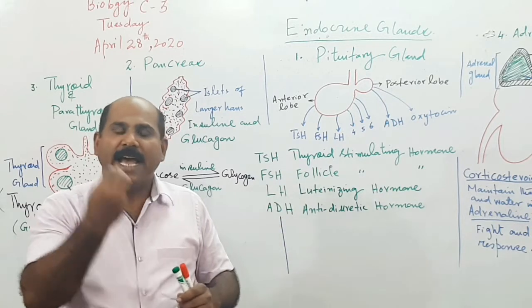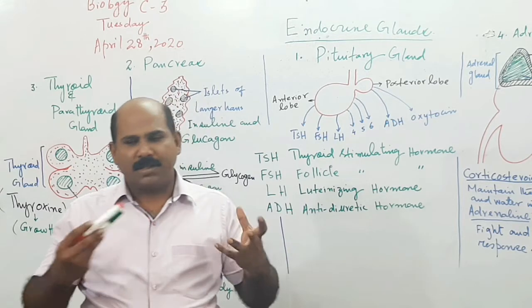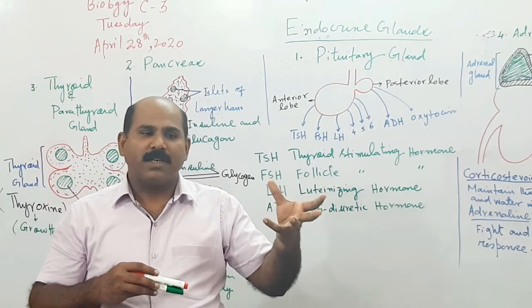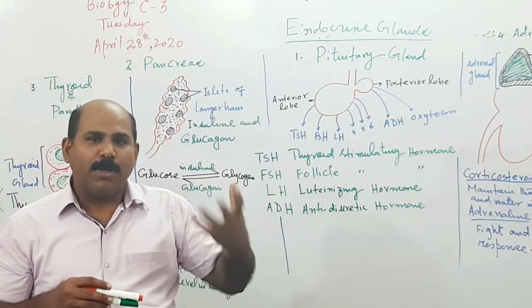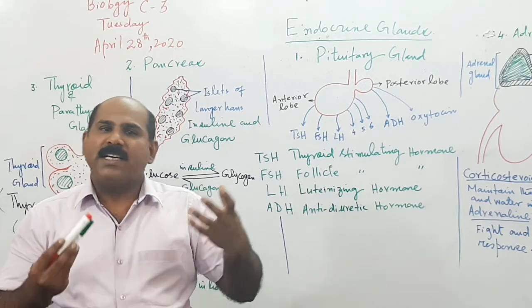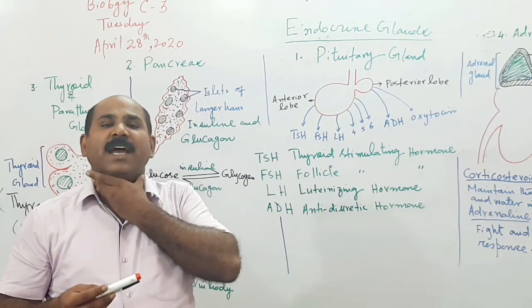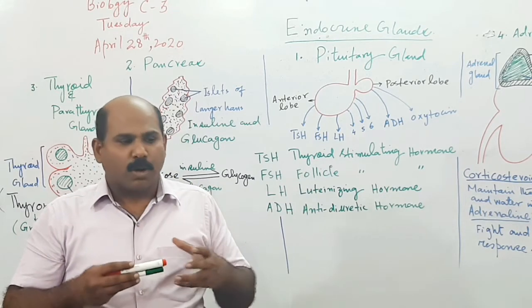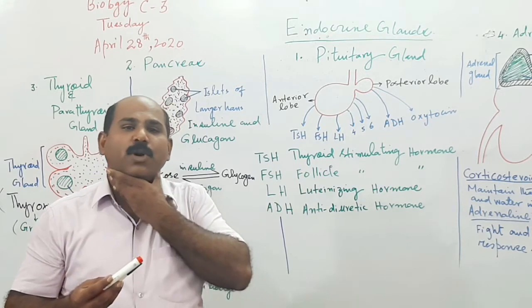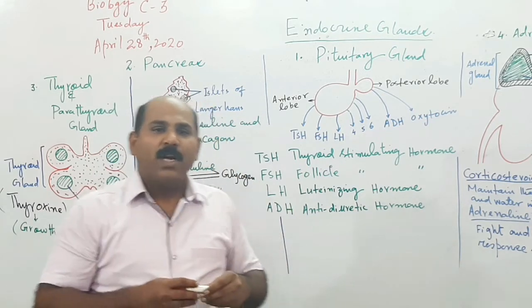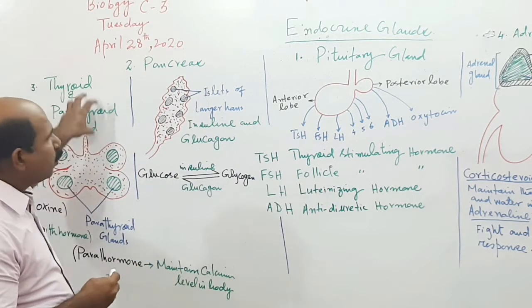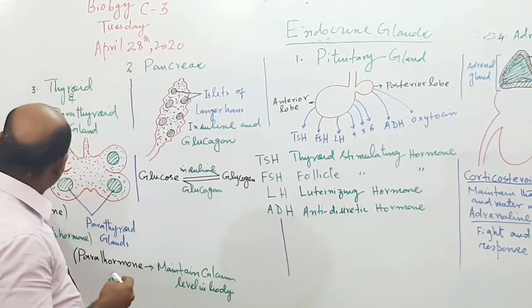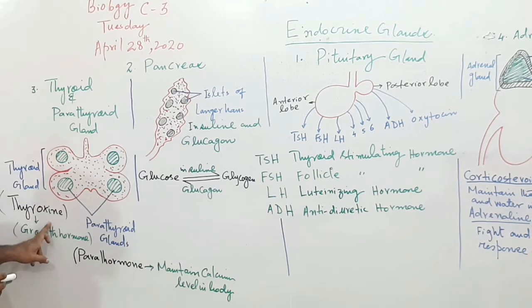If there is a lack of iodine in our diet, then thyroxine will not be produced, and as a result there will be overwork of the thyroid gland, and as a result there will be swelling in this region, and we call it a disease known as goiter. There are many questions related to goiter. So a little bit about the thyroid gland should be well known to all of you: what is the function of the thyroid gland, where it is located, and what different hormones are produced by it.